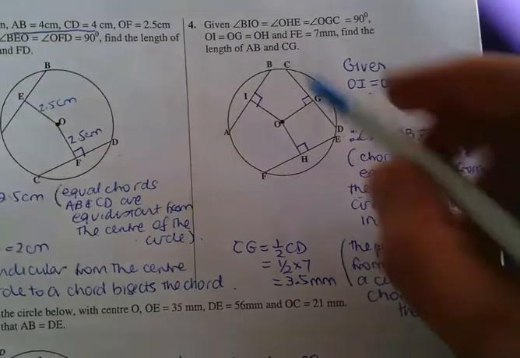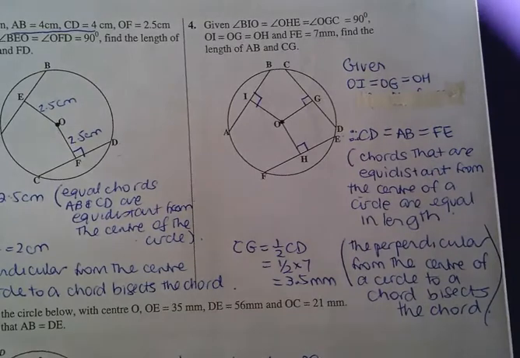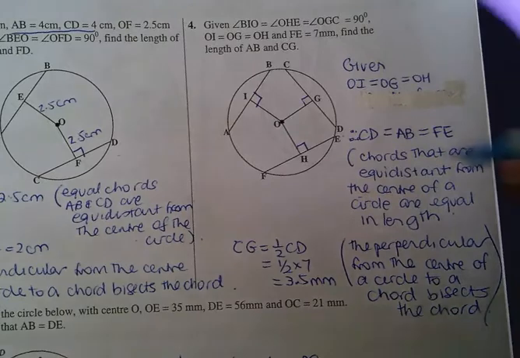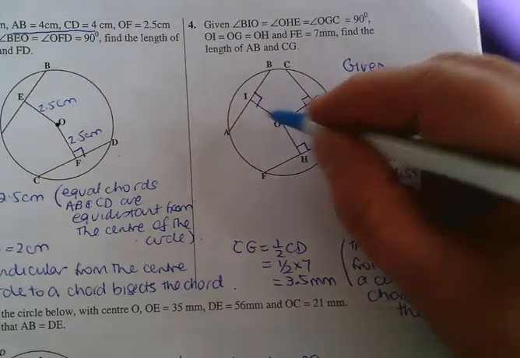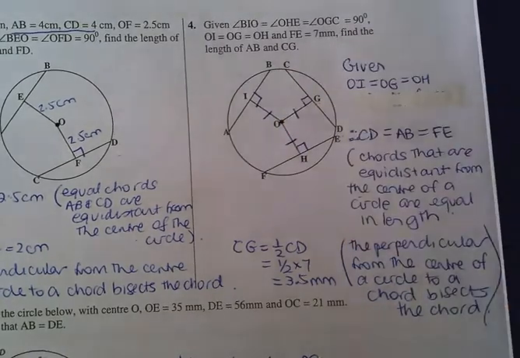You know that OI, OG, and OH are all perpendiculars from the center of the circle, but we know that OI equals OH equals OG.